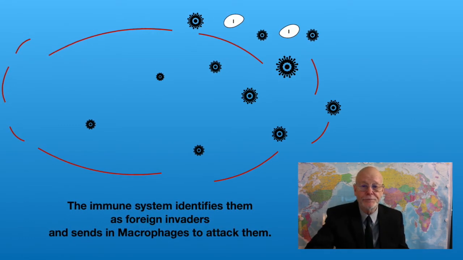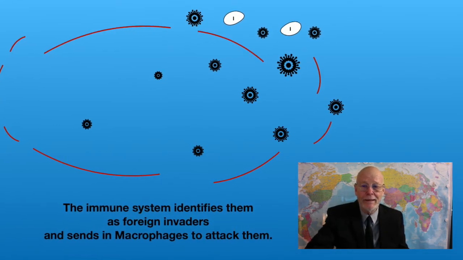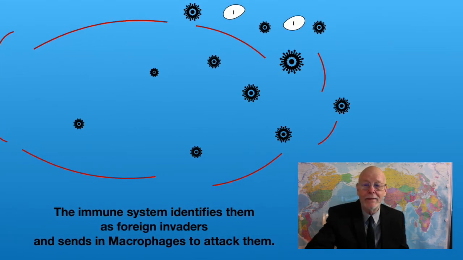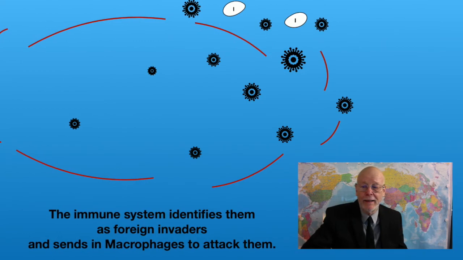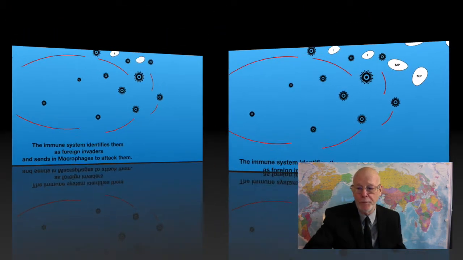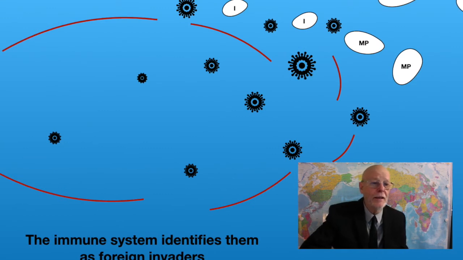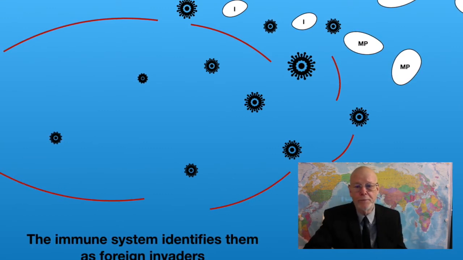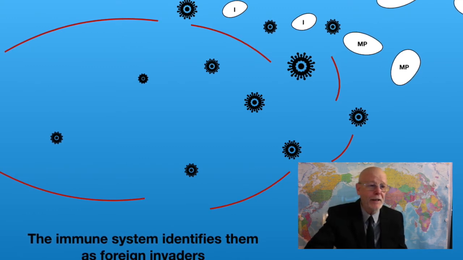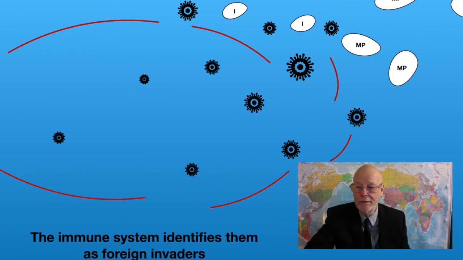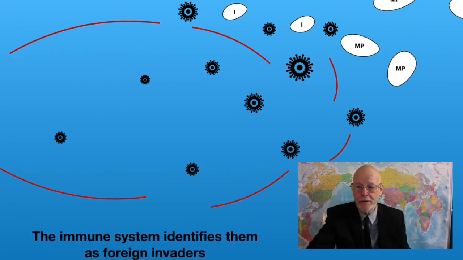And the net consequences of that are that the human cell dies, and then the immune system recognises it as a foreign body and sends in macrophages to attack it and destroy it. That's a macrophage, derived from the word macro, large, and phage, to eat. So it starts to attack the virus.